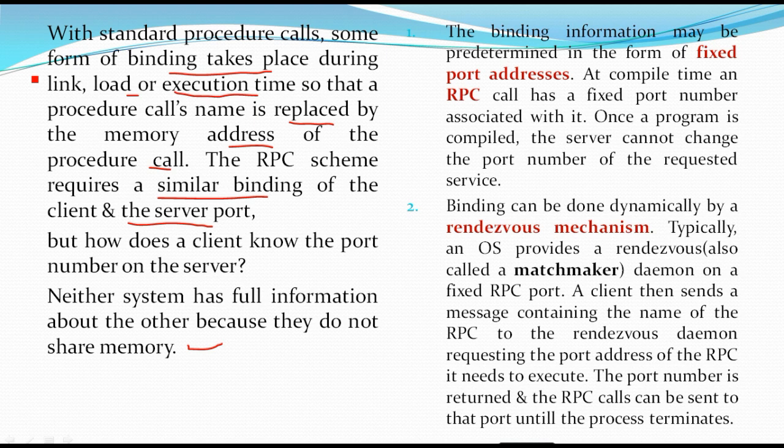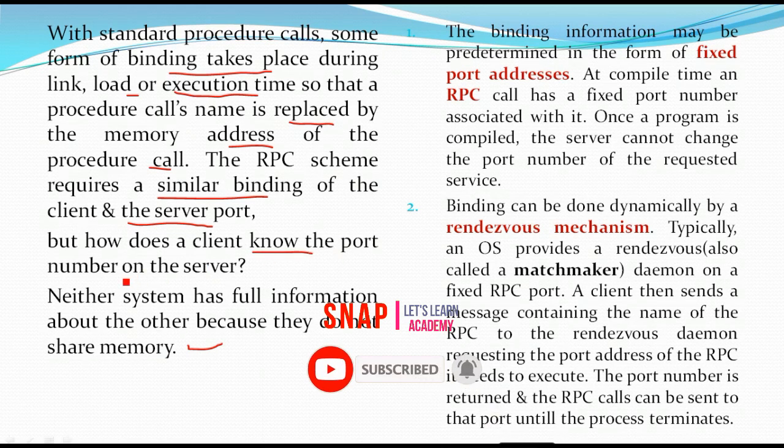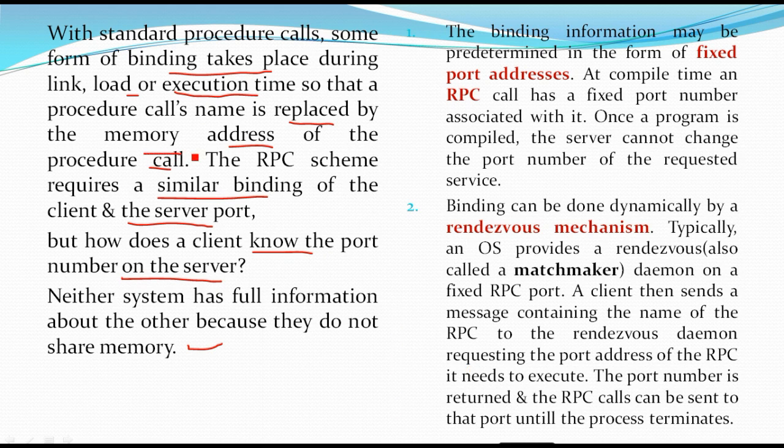But here the question is, how does a client know the port number on the server if the memory address of the procedure call is replaced, right? Neither system has full information about the other because they do not share memory. So what is the solution for this?